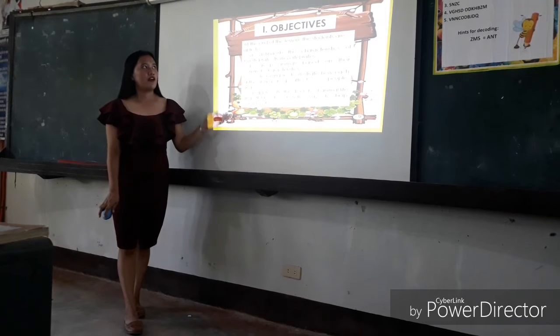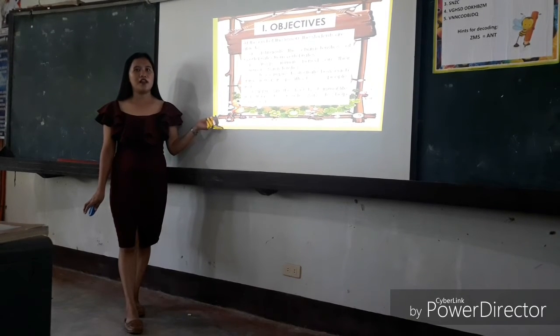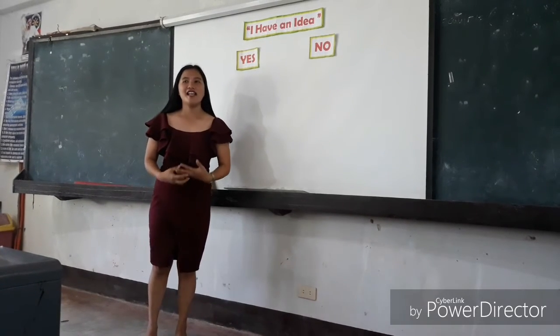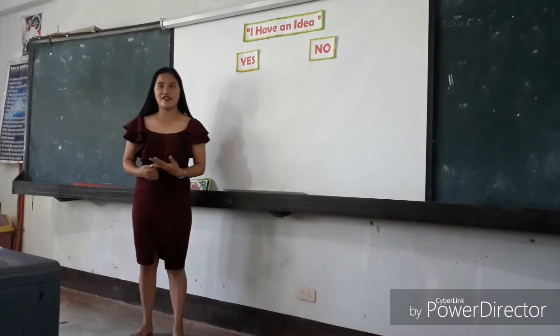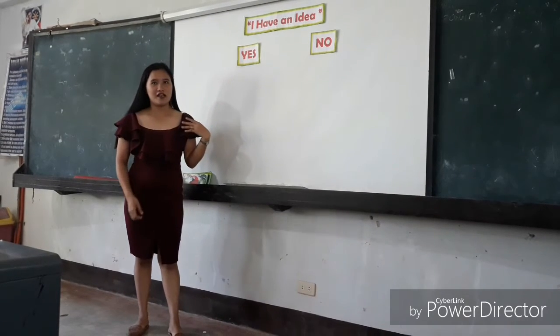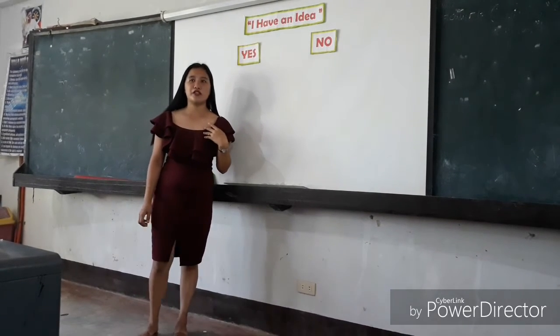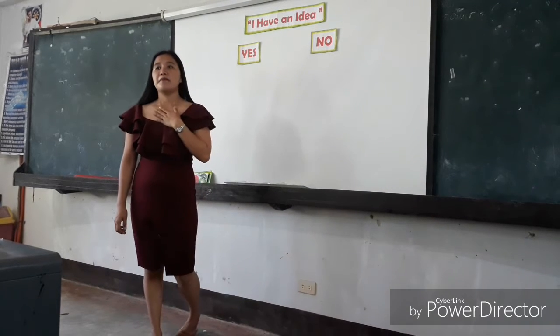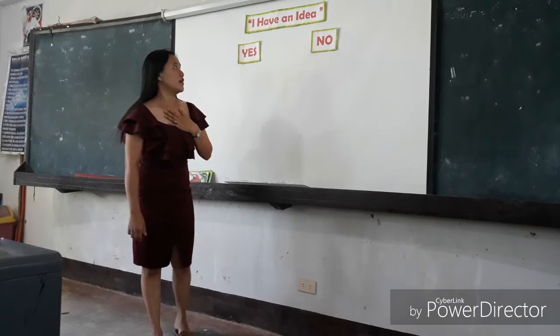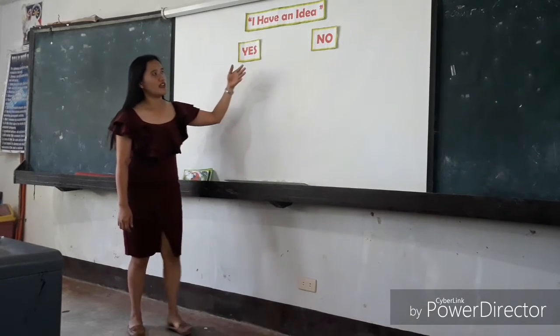That is our lesson objectives for today. Okay, class, now let's have another game. This game is called I Have an Idea. Let's see if you can determine the characteristic of my idea based on the examples that I will present. There will be two columns, the yes and the no column.